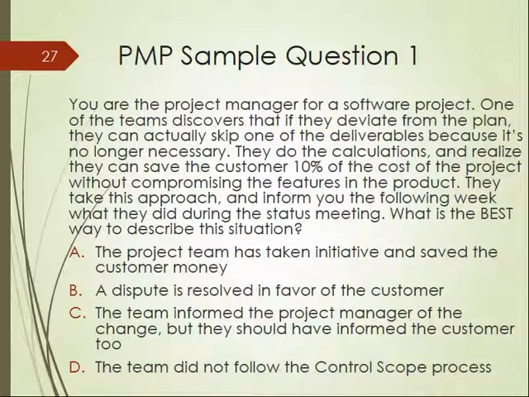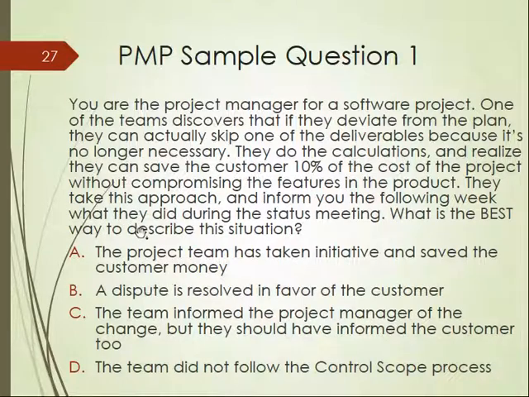One of the team discovered that if they deviate from the plan, they can skip one of the deliverables because it's no longer necessary. They do the calculation and think they can save the customer 10%. They decide to cut the work to reduce 10% of the cost for the customer. And after they've done it, they tell you the following week.